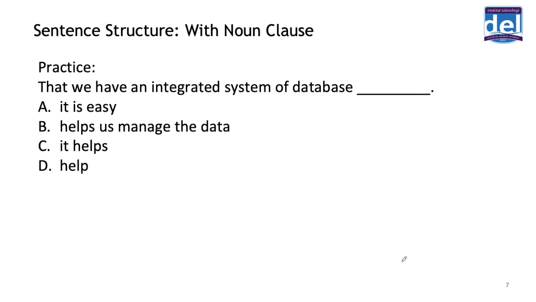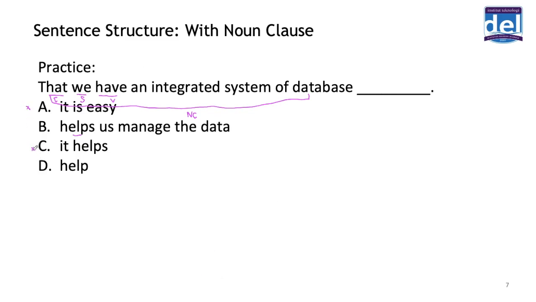Analyze the sentence first and determine what is missing. Okay, now this is that, which is a noun clause connector, and we've got subject and verb. And this whole part here is a noun clause. That means what is missing is the main verb of the sentence. So let's find the verb. I'll eliminate A and C because it has subject and verb.